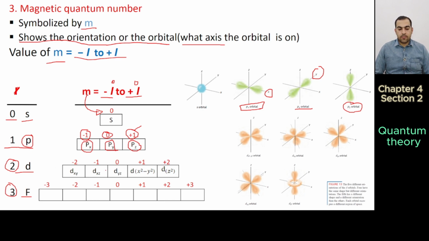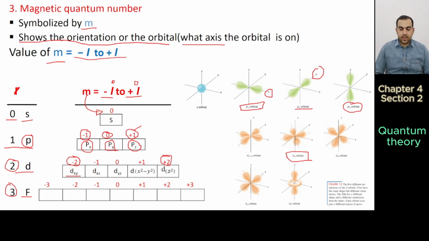For d orbitals, we start from minus 2. Why? Because the rule says from minus L to positive L. Between these we have minus 2, minus 1, 0, plus 1, and plus 2. So dxy means the orbital that spins on the x and y axes.